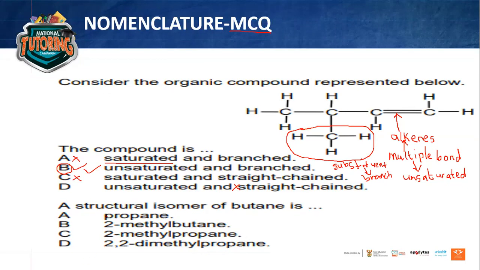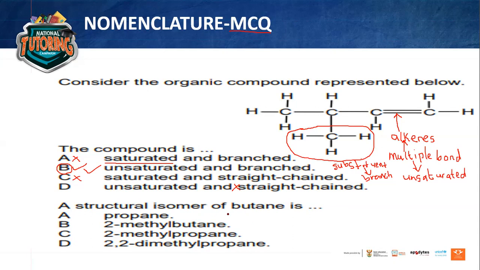Then another question here: a structural isomer of butane is, and I'm giving these options: A, propane; B, 2-methyl-butane; C, 2-methyl-propane; D, 2,2-dimethyl-propane.